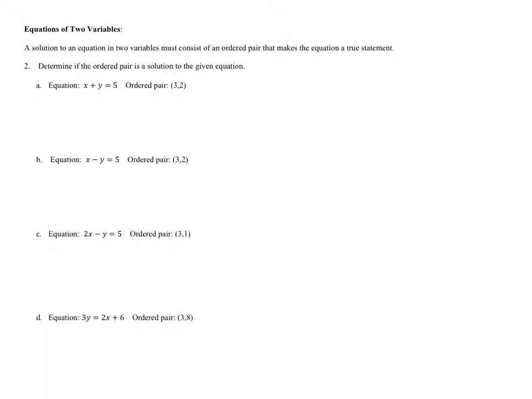So the first one is x plus y equals 5, and the ordered pair is 3, 2. So I'm going to put 3 in for x, because your x-coordinate is always your first coordinate, 2 in for y, and it equals 5. Is it true? Yay! So we say yes.